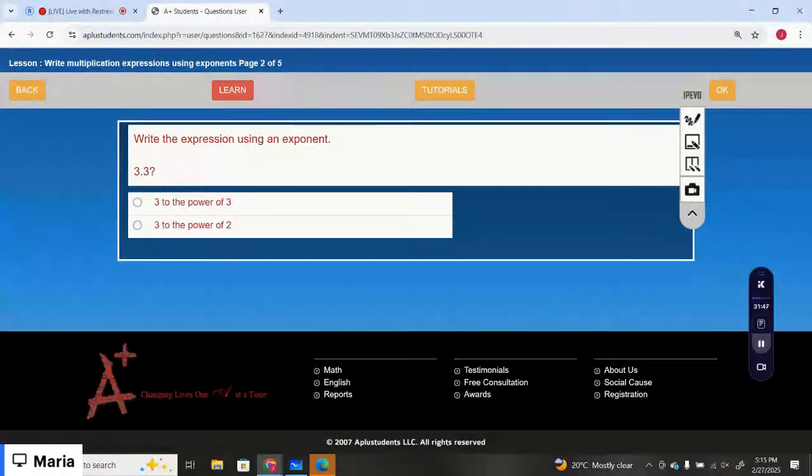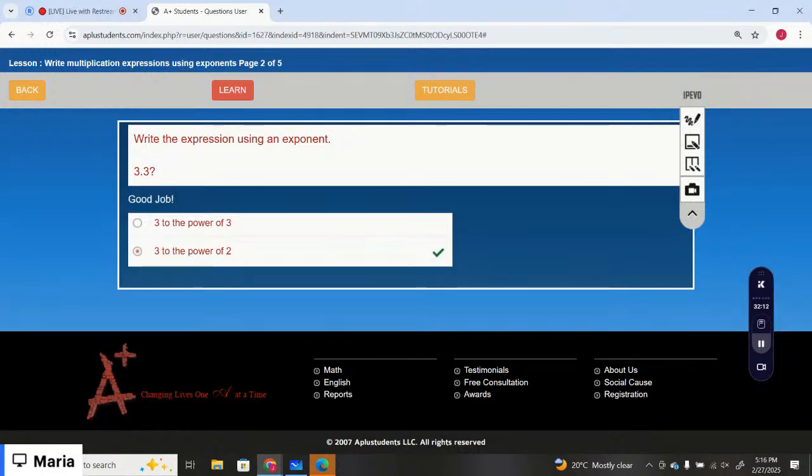Write the expression using an exponent. 3 to the power of 2. Option number 2 is the correct option.